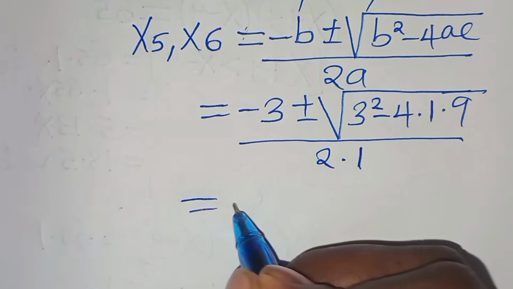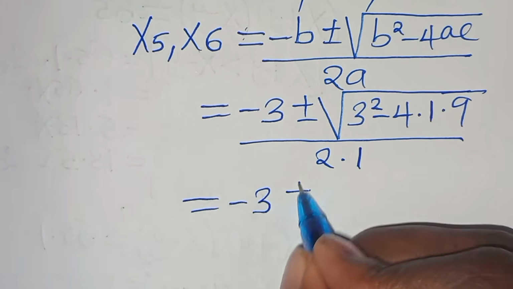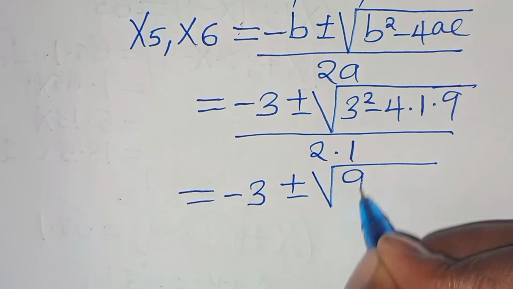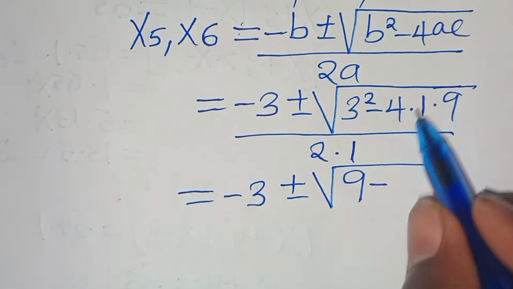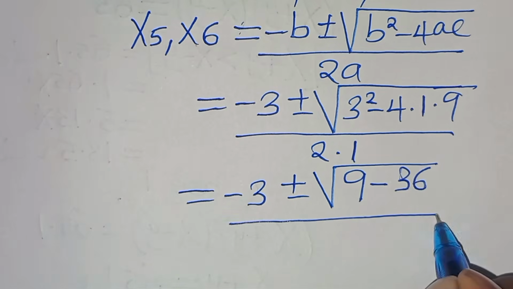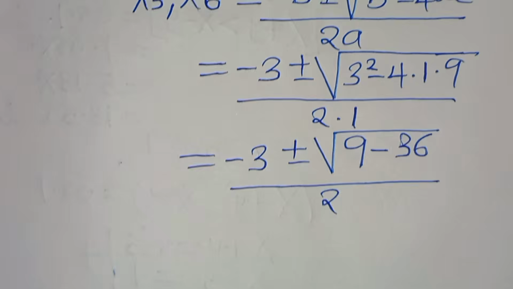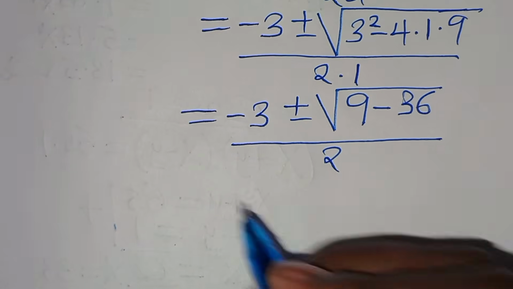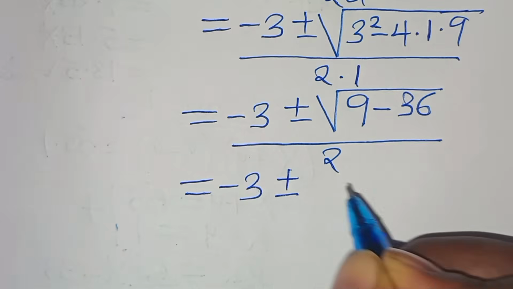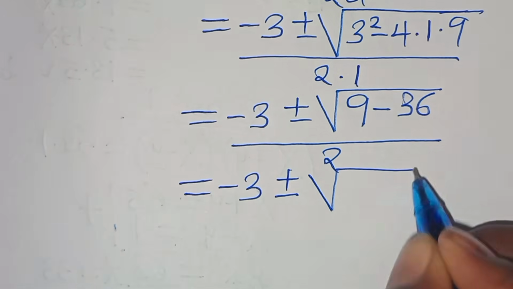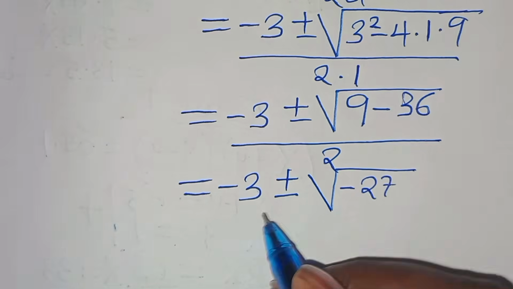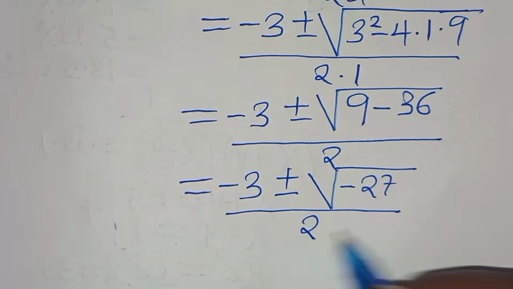So here we have minus 3 plus or minus the square root of 3 squared, which is 9, minus 4 times 9, this is 36. Everything here divided by 2. So this implies that here we have minus 3 plus or minus the square root of 9 minus 36, and this is minus 27. Everything here divided by 2.